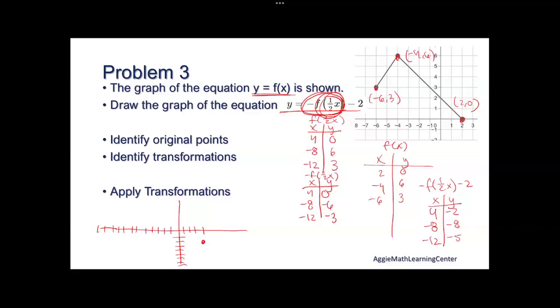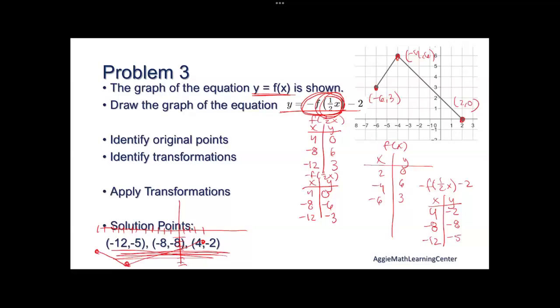Then we have (-8, -8). Like right there. And then we have (-12, -5). Like right there. Yep. And then we have the solution points right there: (-12, -5), (-8, -8), (4, -2).